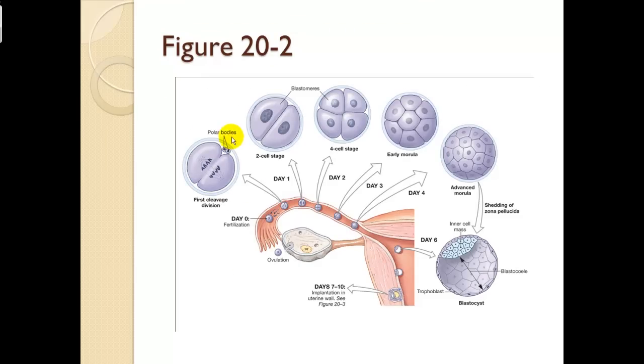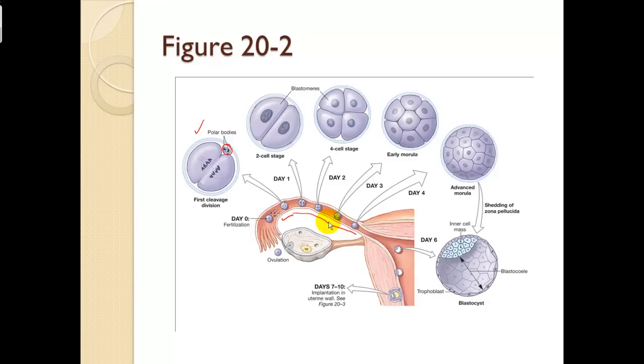And this is the first cleavage here. Polar bodies, you still have them here. Day 1, day 0, fertilization. If we note down here, fertilization occurs right after the fimbriae. Now here's the problem. Fertilization occurred here, so this developing egg, the zygote at this point, travels down the fallopian tube.